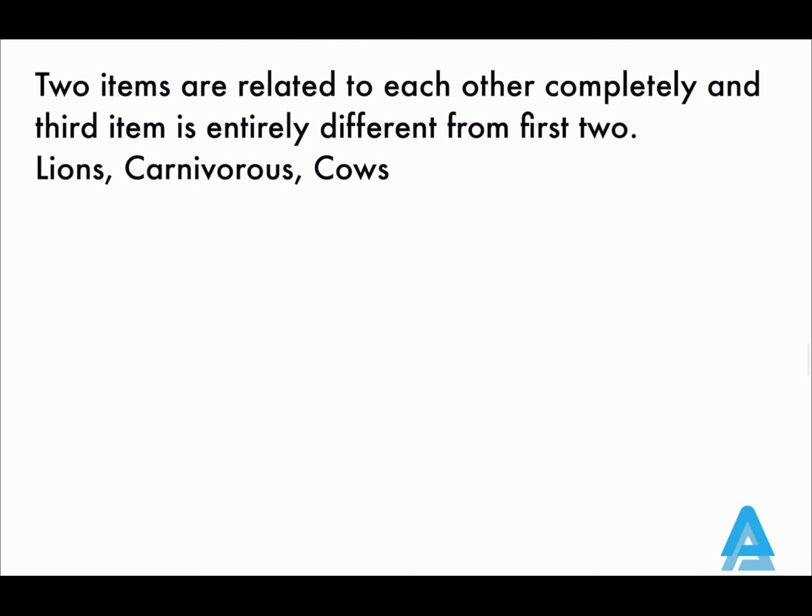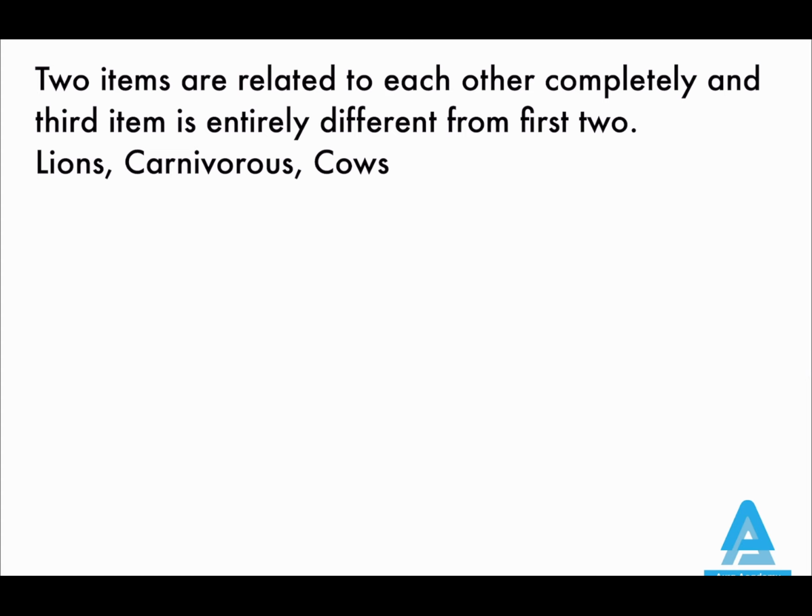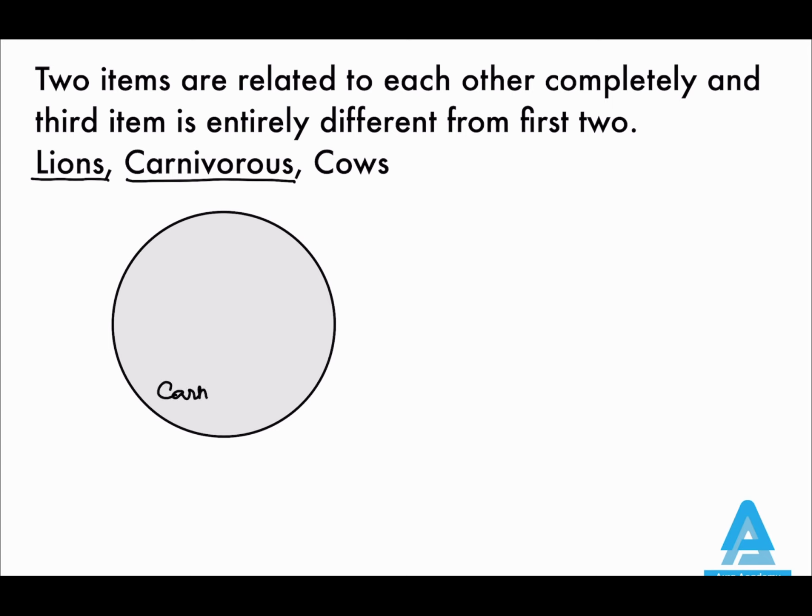Two items are related to each other completely, and the third item is entirely different. Okay, so in our case, suppose, what is the relationship between lions and carnivorous? All carnivorous are represented by this.